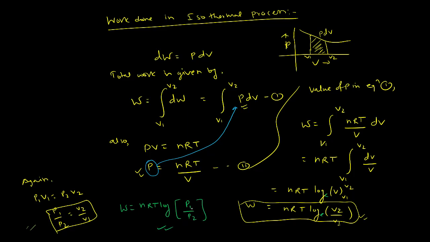This is also the equation of work done in isothermal process, where this is the equation in terms of pressure and the earlier one is in terms of volume. This is the work done in isothermal process. Similarly, we are moving forward to adiabatic process.